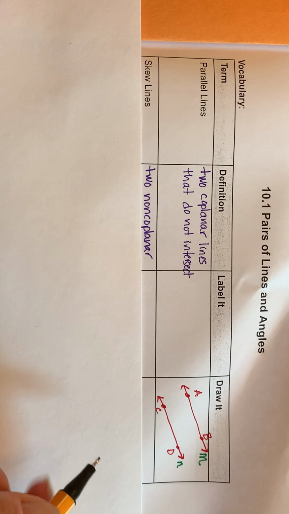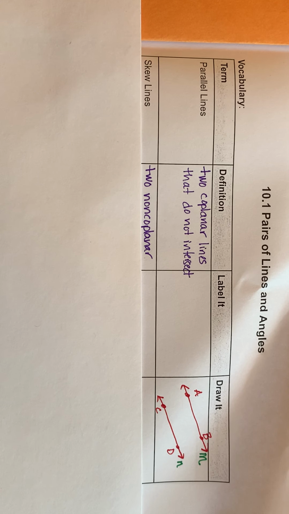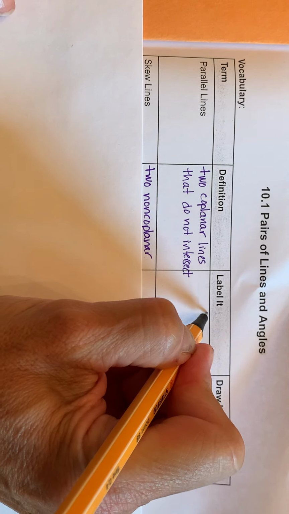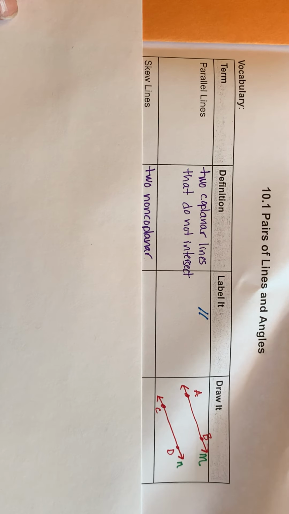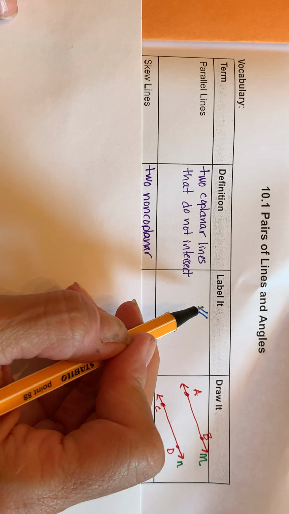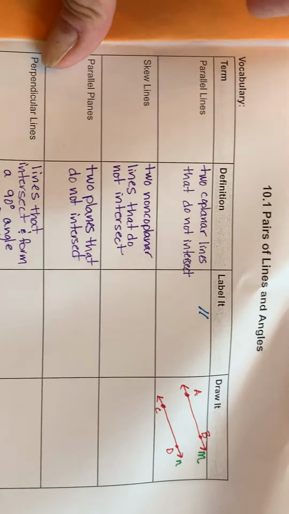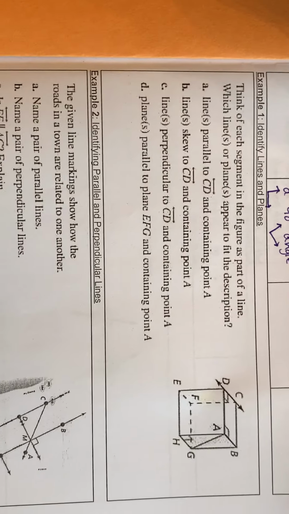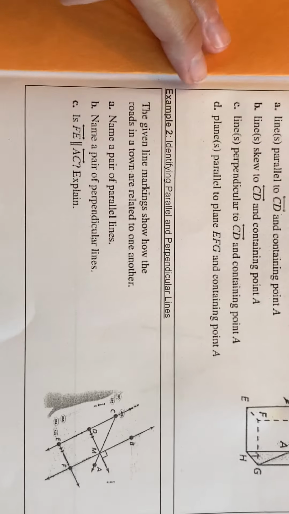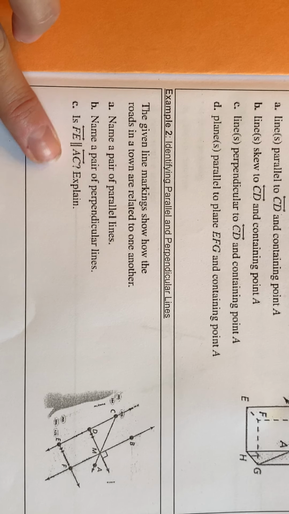To identify parallel lines, there is a symbol, and parallel looks like that. Sometimes in the book, or when it's typed, they're straight up and down. If you look down a little bit, right at the bottom here, they have FE parallel to AC.